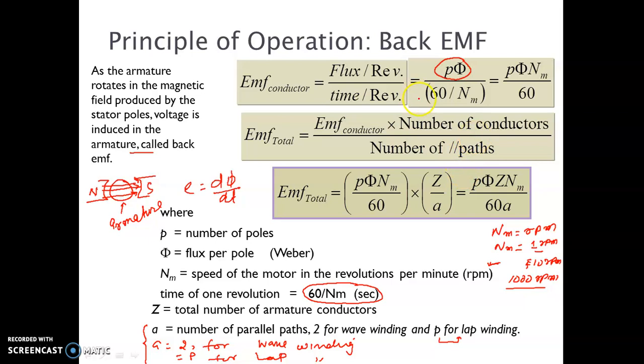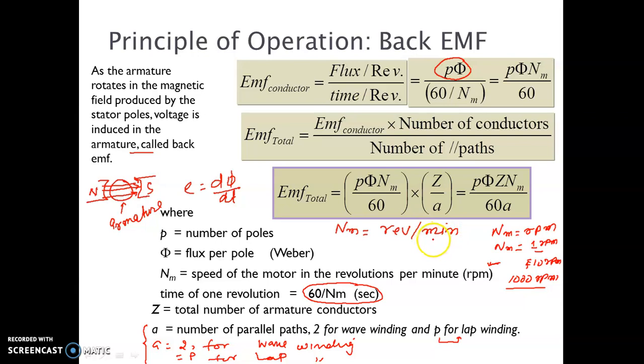So here I want to convert it to per second. So what will happen? 60 divided by Nm is the time per revolution. You see, time per revolution. What is Nm? Nm equal to revolution per minute.